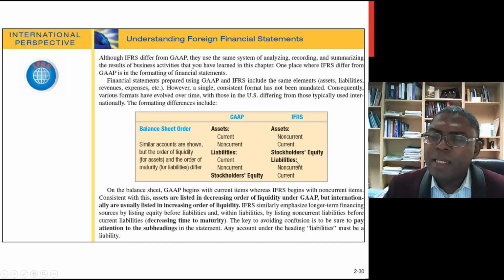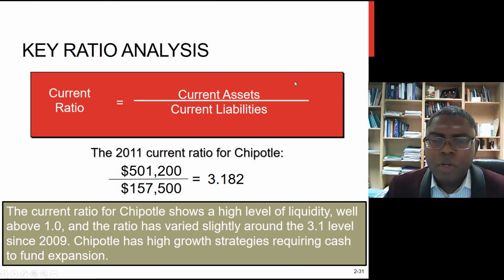And under the liability accounts, the non-current liability will be written first before the current liability. So in terms of formatting, the GAAP system differs significantly from the International Financial Reporting Standards that is used by international companies abroad.